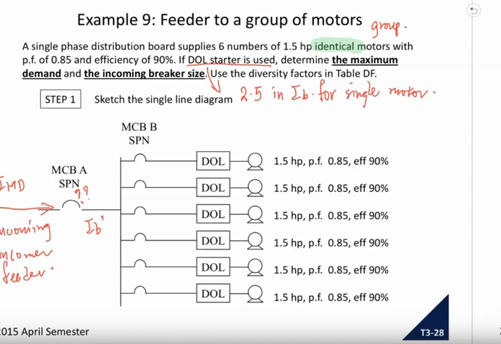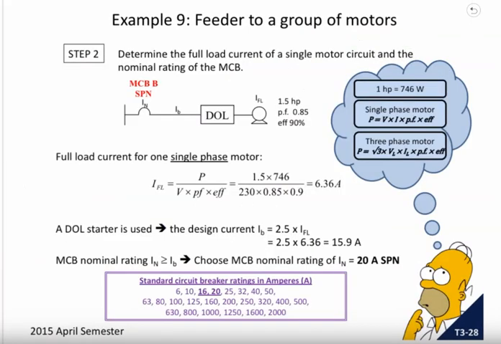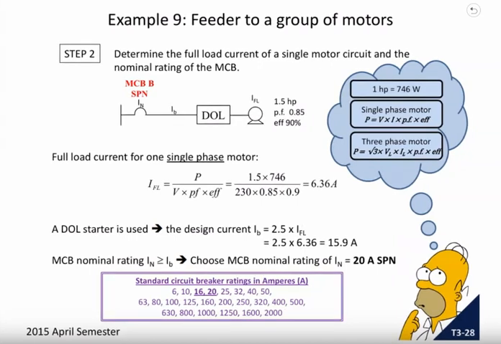So as usual, we need to find out the full load current of each motor first. And this is straightforward. We have done this before. The only thing that I want to highlight is that this is given in horsepower. You need to remember this: 1 horsepower equals 746 watts.